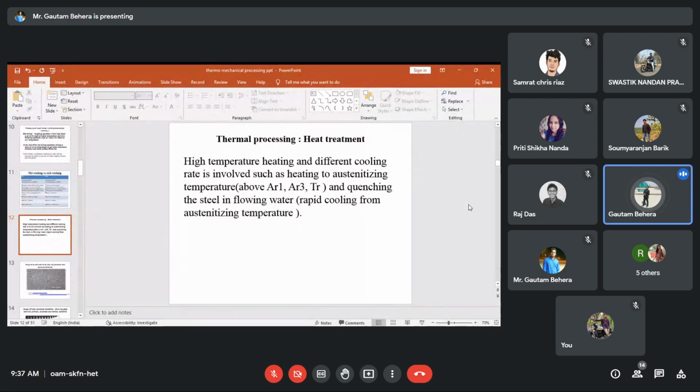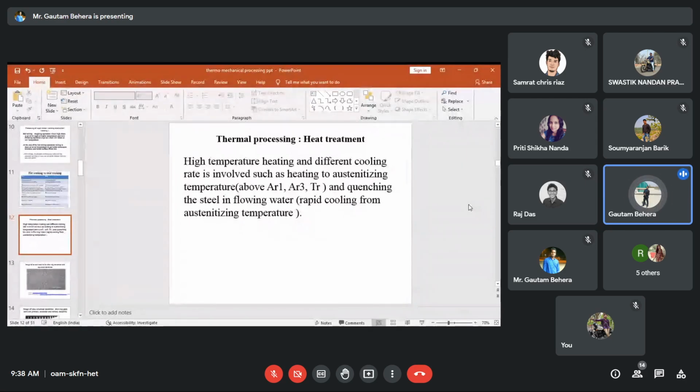We can also remove residual stresses by doing heat treatment. We can modify the conductivity, and sometimes the magnetic property. A lot of things can be done by simple heat treatments. That is thermal processing: the material is taken to a high temperature, like the austenitizing temperature, then cooled at a desirable rate.